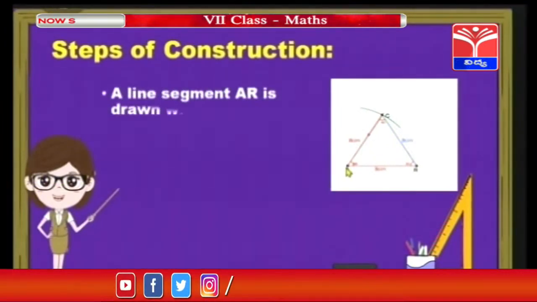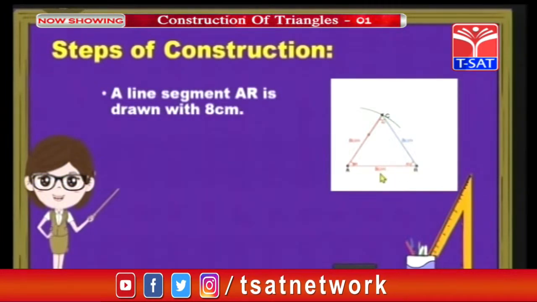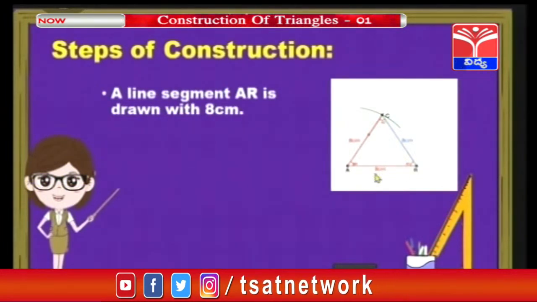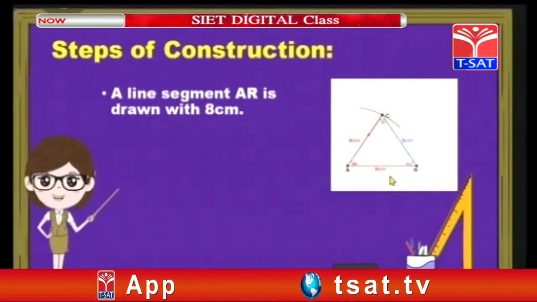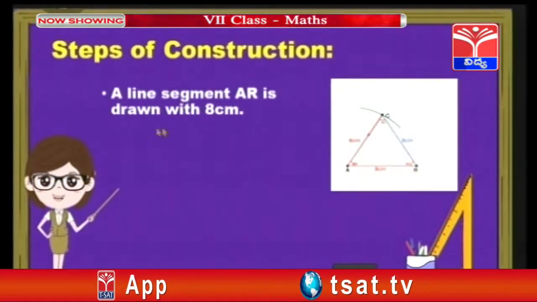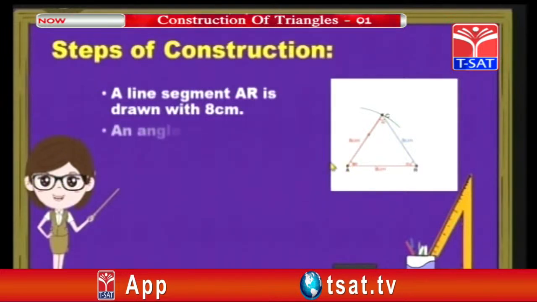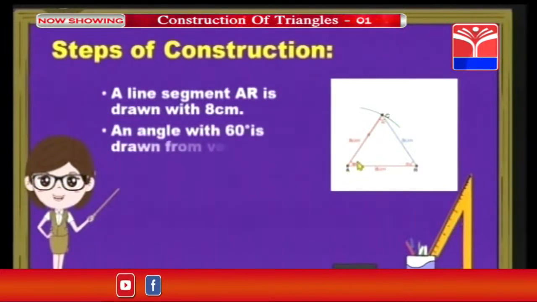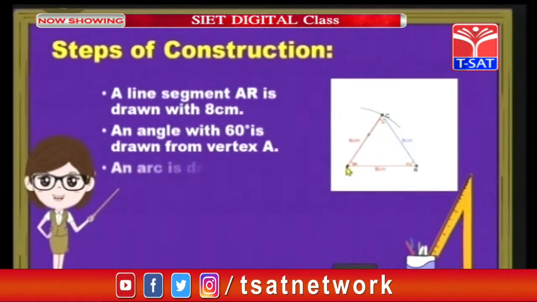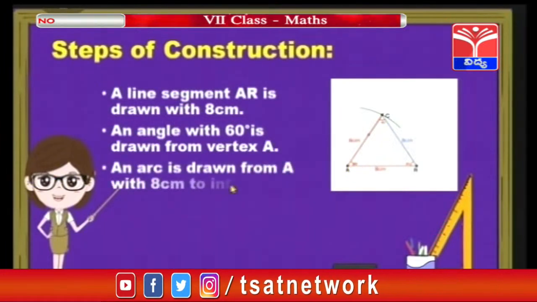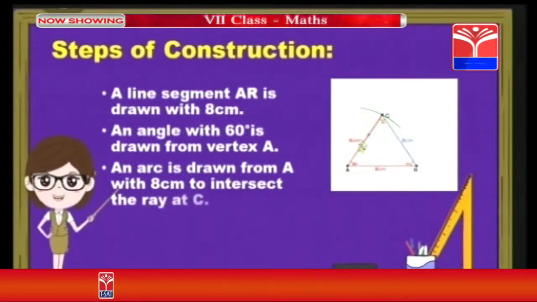So let us see the steps of construction. First, AR measurement I have taken as 8 centimeters. A line segment is drawn from A to R with 8 centimeters. Same thing we have written, and then an angle of 60 degrees is drawn from vertex A. Next, from A an arc is drawn with 8 centimeters.